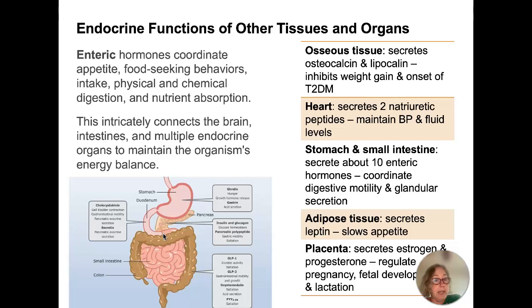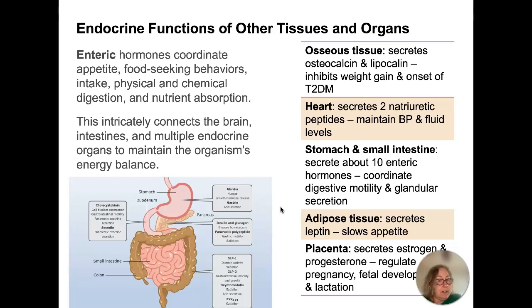So I want to make sure that we have all these things together, and how we are connecting the stomach and the small intestines. There are 10 here. Gastrin, insulin, glucagon. You already know those because we just talked about them. The GLPs. You've got some pancreas, secretin over here, and these are all coordinating your digestion, and that is also an endocrine function of an additional tissue.